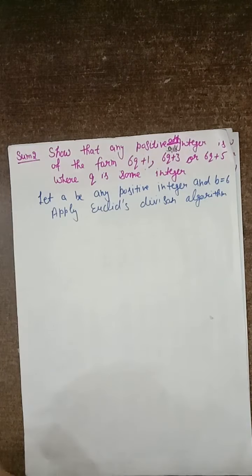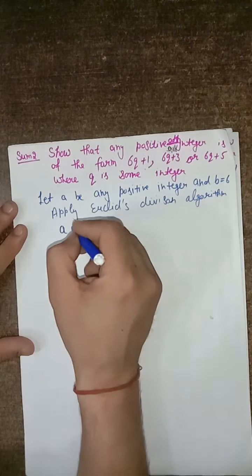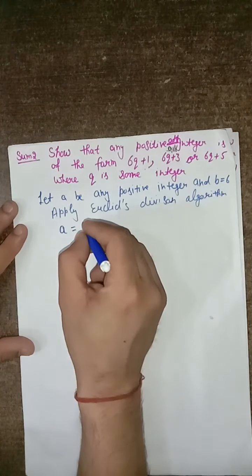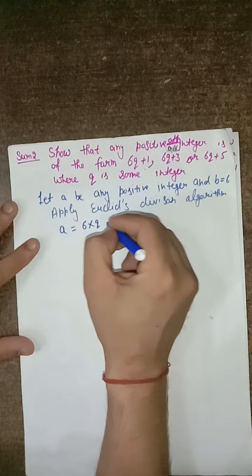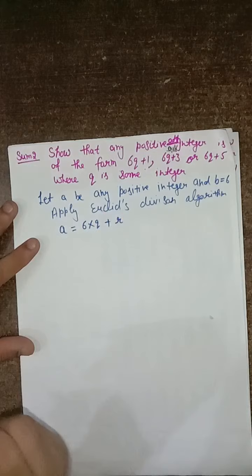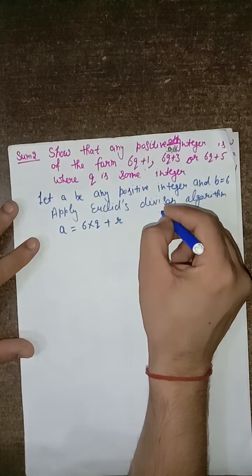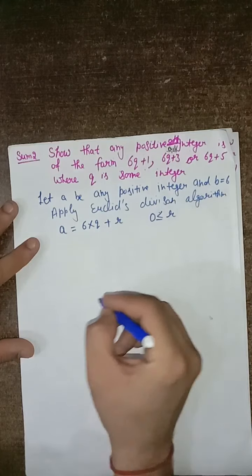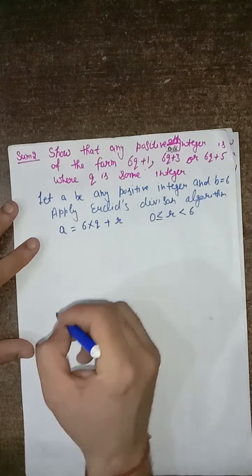Now Euclid division algorithm says that a equals bq plus r, where b is 6, and q and r are two numbers. What was the condition for r? r should be greater than or equal to 0 but less than b, and here b is 6.